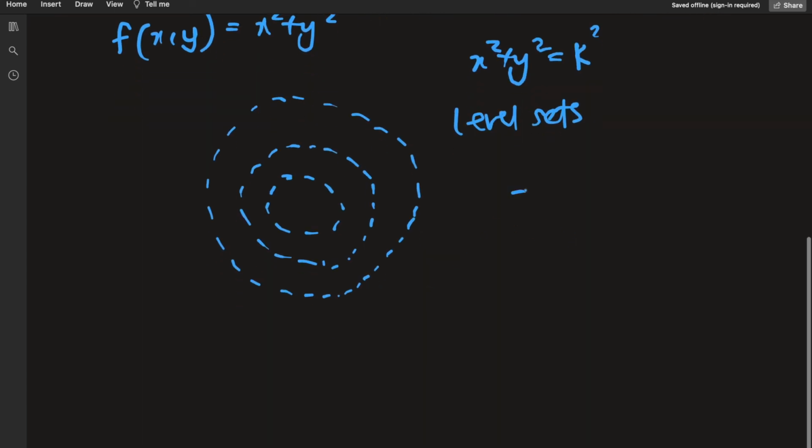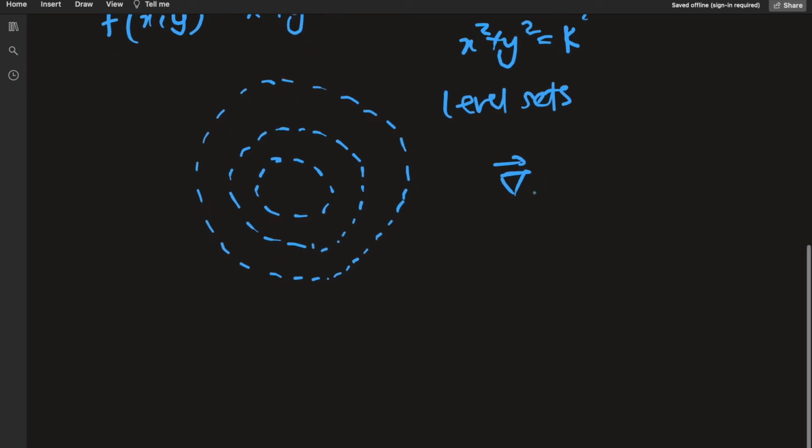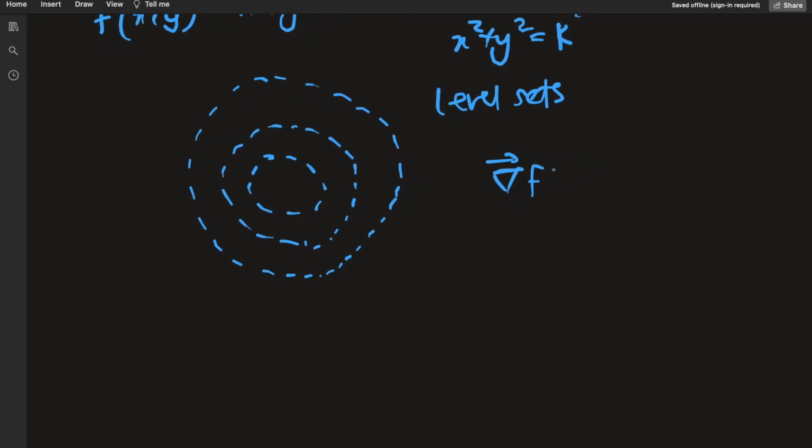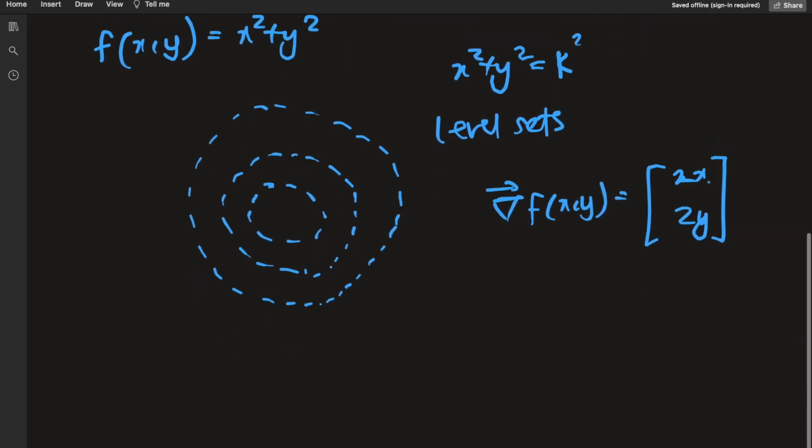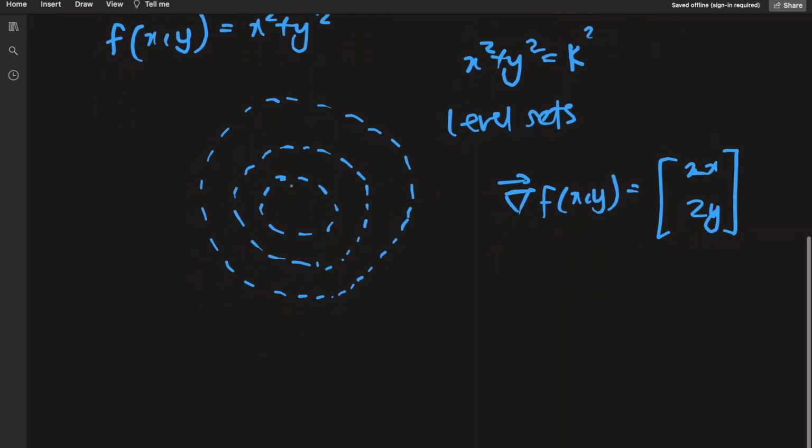And now let's calculate the gradient, because a gradient is a vector. So the gradient will give you a vector field. That will just be 2x, 2y. Just take the partial derivatives with respect to x in the x component and with respect to y in the y component. And how to plot this?